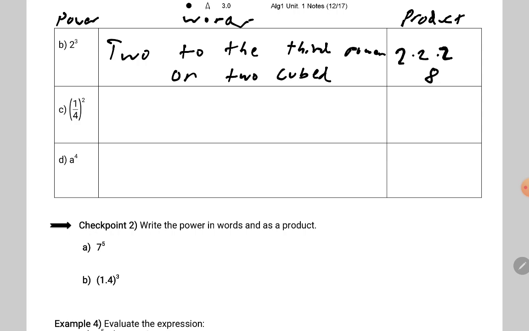Okay, part C. 1/4 to the second power. So 1/4, or you can say 1 divided by 4, to the second power.